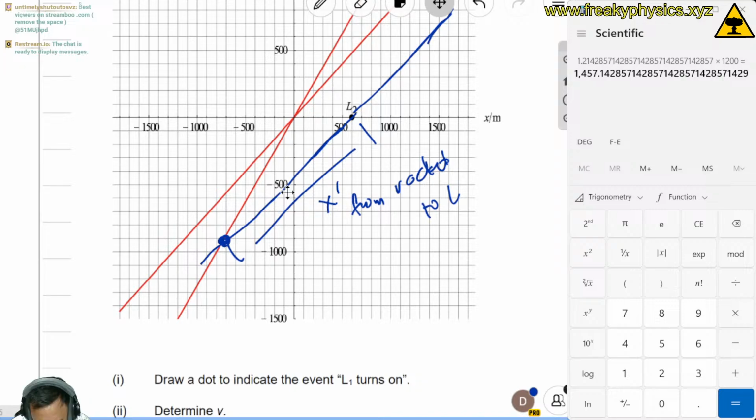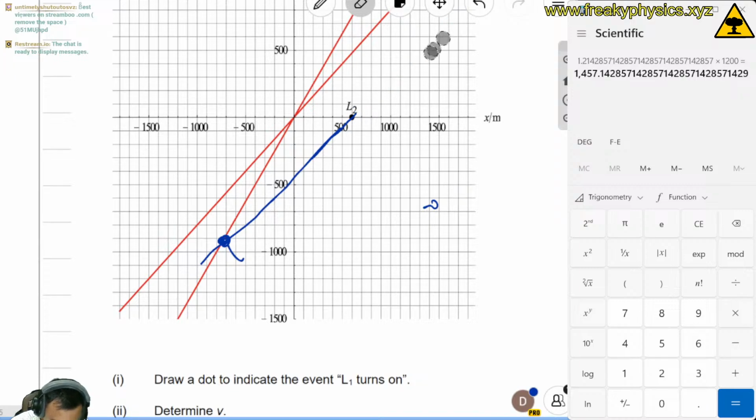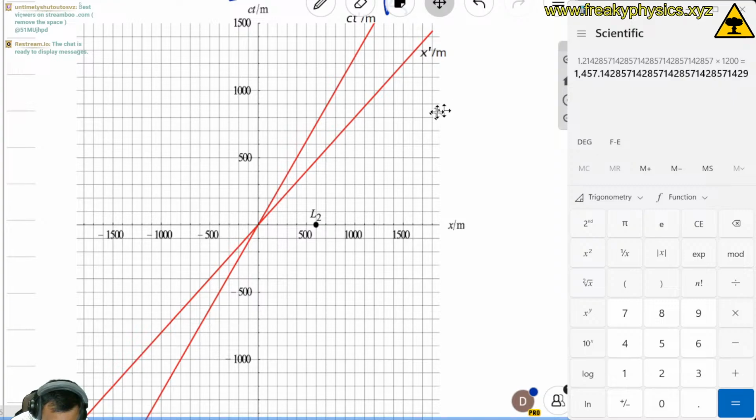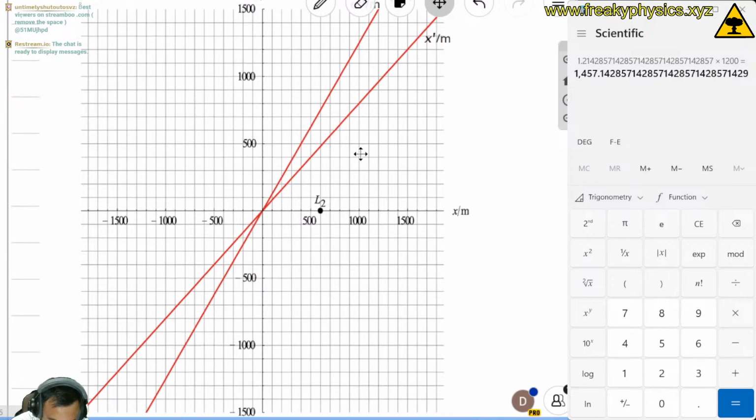Hold on. Okay. So let's erase everything here first, like so. So again, going back to L2. Okay. So when L2 turns on, according to R, L1 also turns on according to R, right?